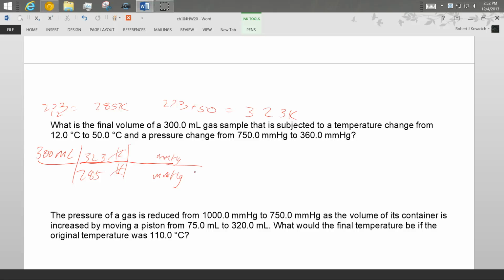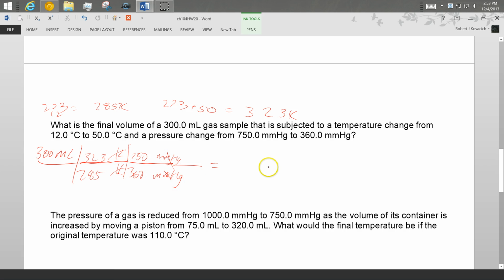So if the pressure went down, what would that do to the size of some gas pocket if I'm not squeezing it as tightly? It's going to get bigger, right? Everybody okay with that? So then the bigger number goes on top. Okay. So I've got 750 and I've got 360.